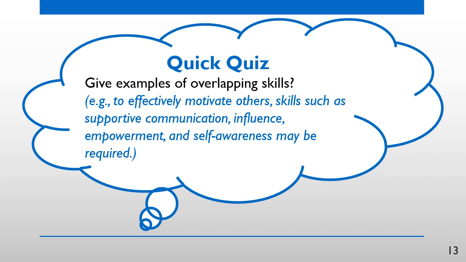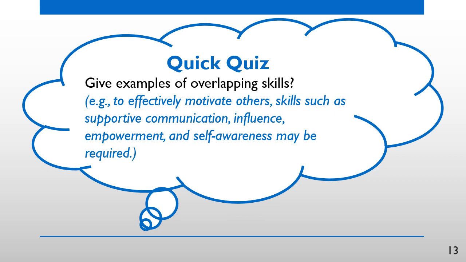What are they? They are the interrelated skills to the motivating ability, and we can identify them as overlapping. To effectively motivate others, skills such as supportive communication may be required. There are several types of skills which we would need to effectively motivate others.